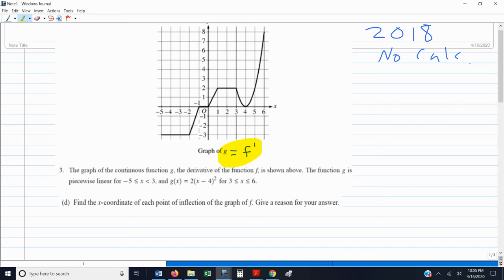This question was very interesting to me when I first saw it come out after the exam because of these horizontal line segments. I was really curious if these were going to all be inflection points, and it turns out that they are not.